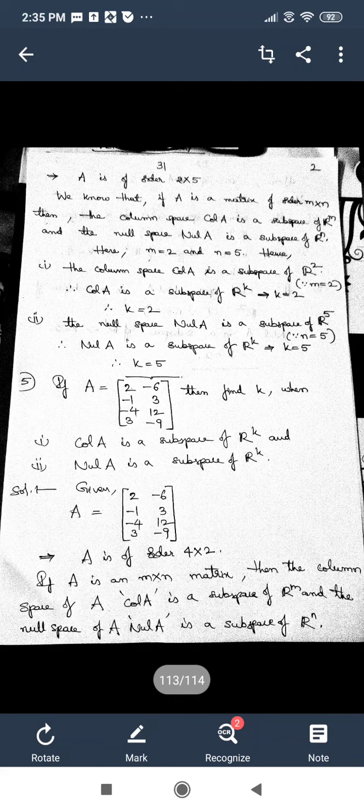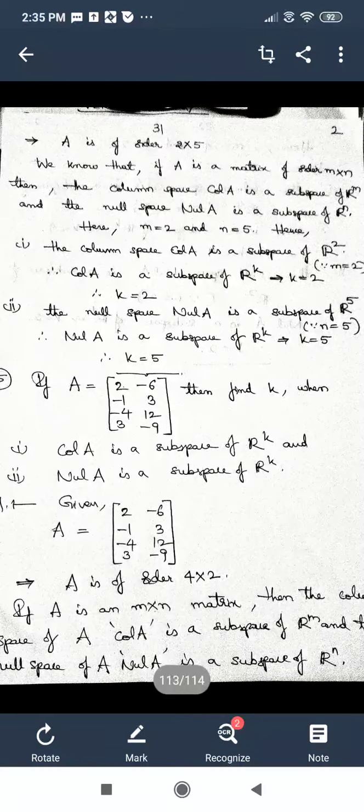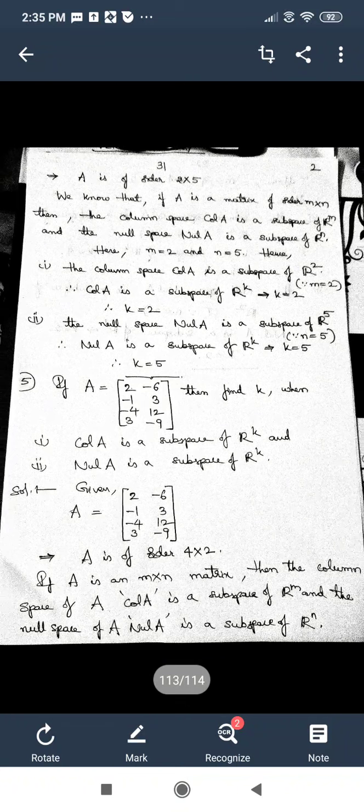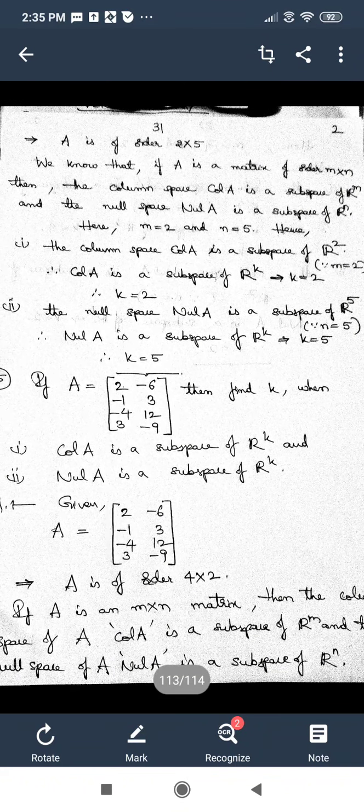So in this problem, by observing the given matrix A, we understood that m has the value 2. The number of rows in the matrix is 2 and the number of columns is 5.